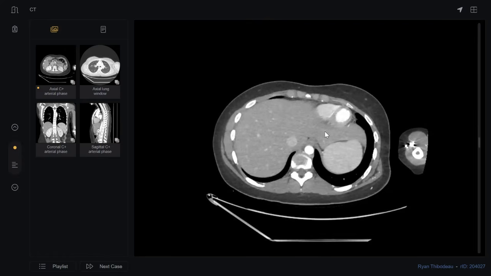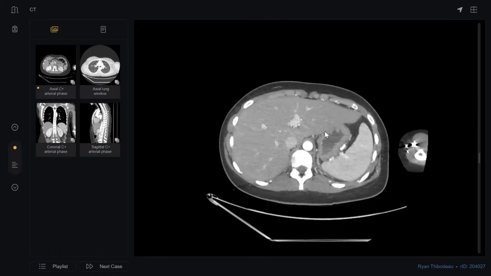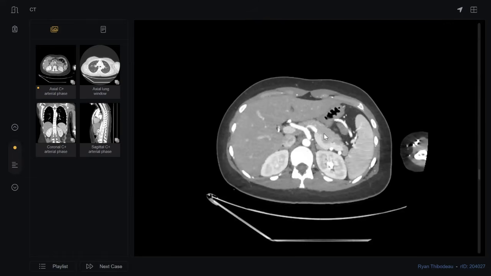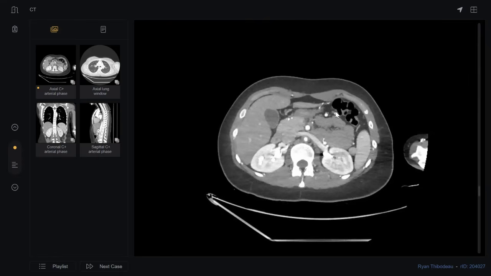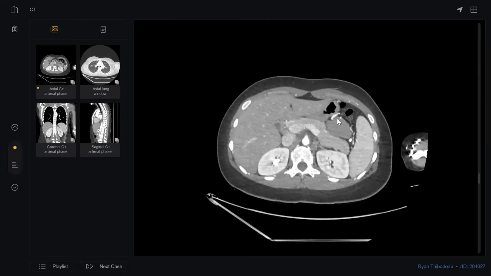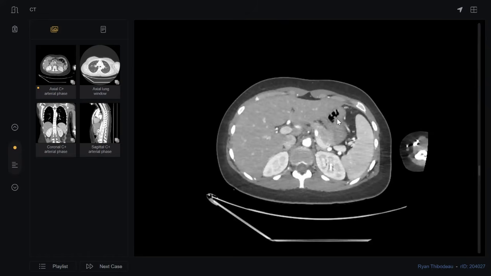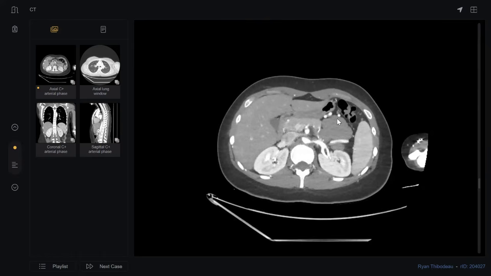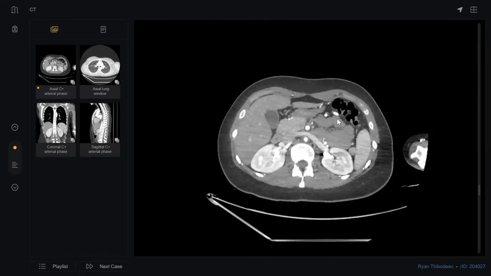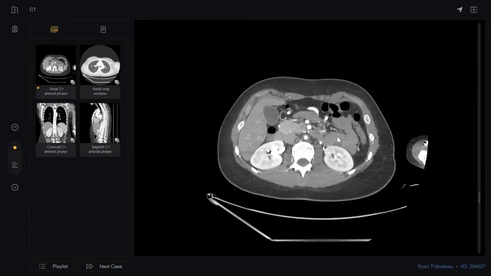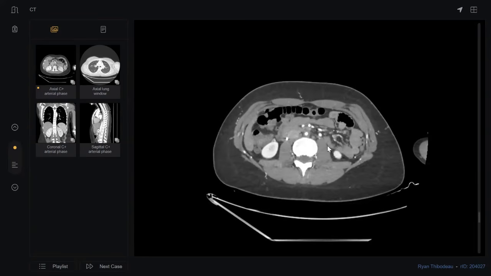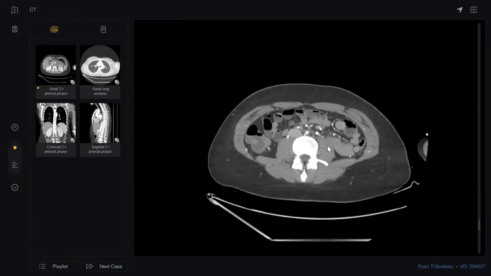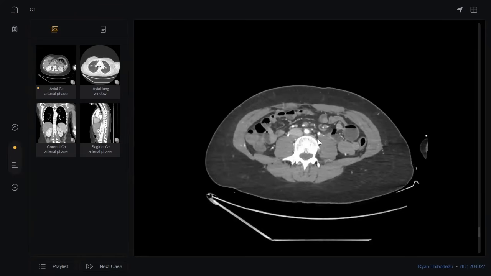Now I'm going back to the upper abdomen. The liver is showing normal enhancement on this arterial phase. Both kidneys are enhancing normally. At this level, just below the celiac bifurcation and at the origin of the SMA, I can see peri-aortic soft tissue thickening, which extends down along the length of the aorta and is causing luminal narrowing of the aorta.